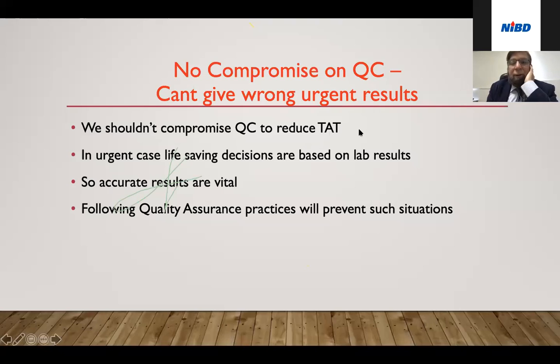Turnaround time cannot be reduced at the cost of accurate results. In urgent cases, life-saving decisions are made on lab results. Urgent cases are more important because the treating physician is waiting for your result, and he or she has to make some life-saving decisions. So accurate results are vital.